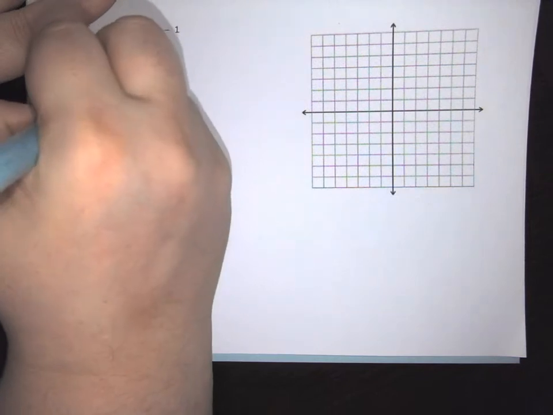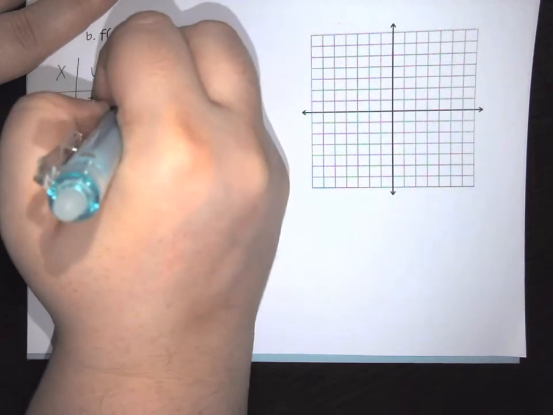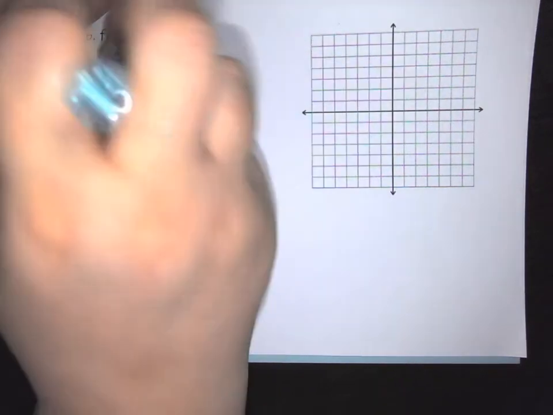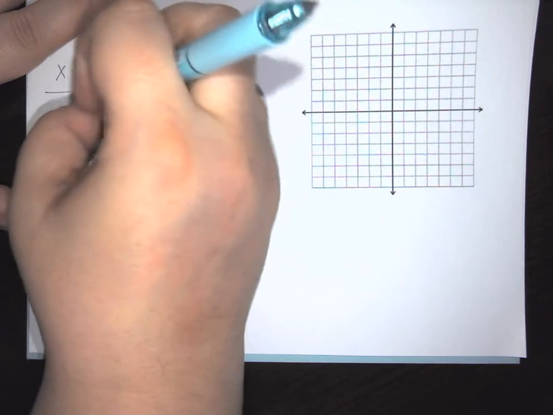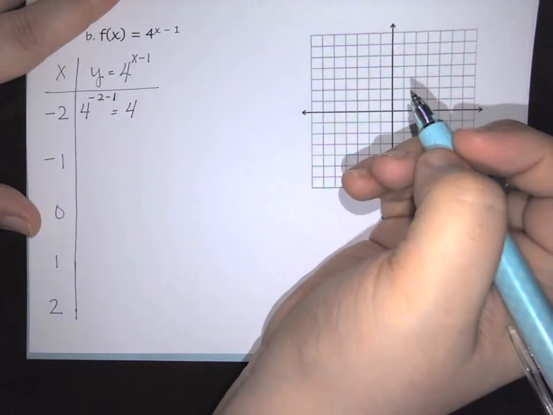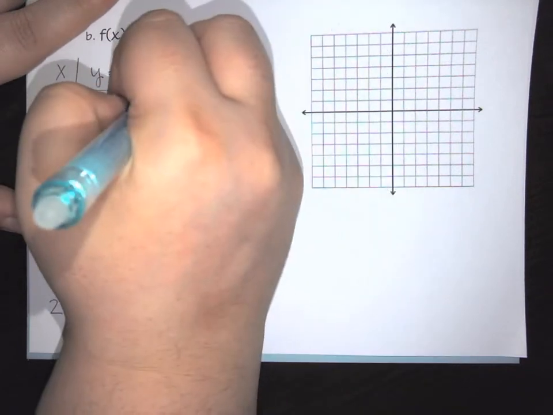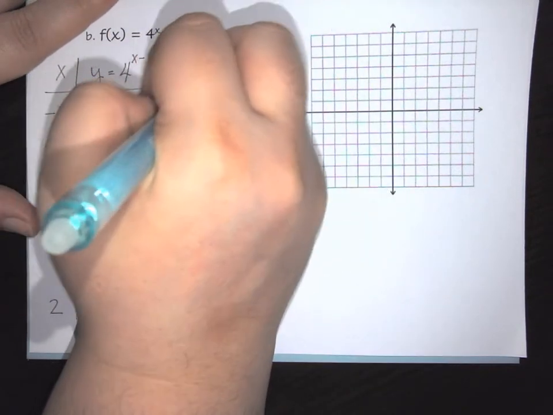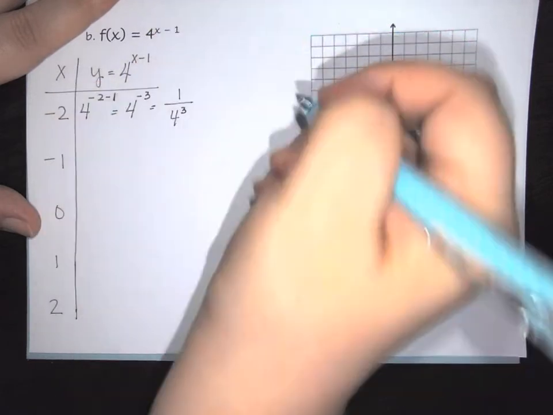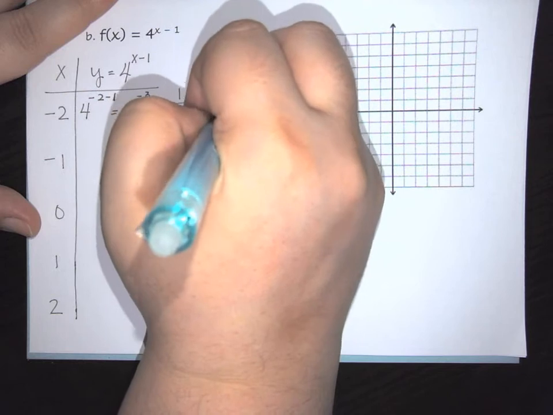I'm going to have 4 raised to the -2 minus 1. Sorry, not -3, -1, jumping ahead of myself. So -2 minus 1 is -3. 4 to the -3 is the same as 1 over 4 cubed, which in this case is going to be 1 over 64.